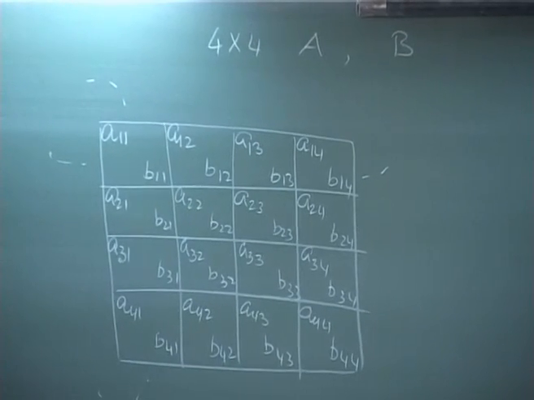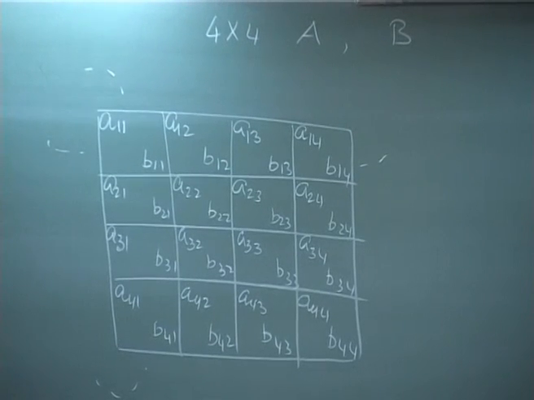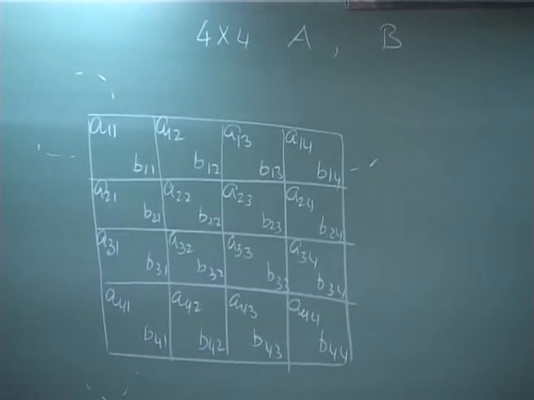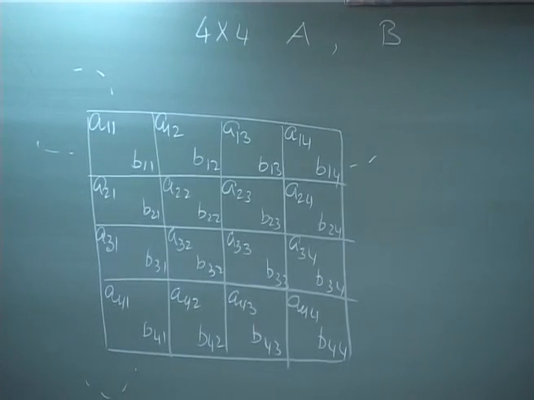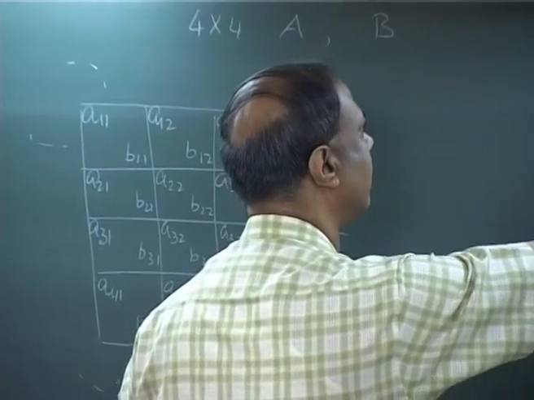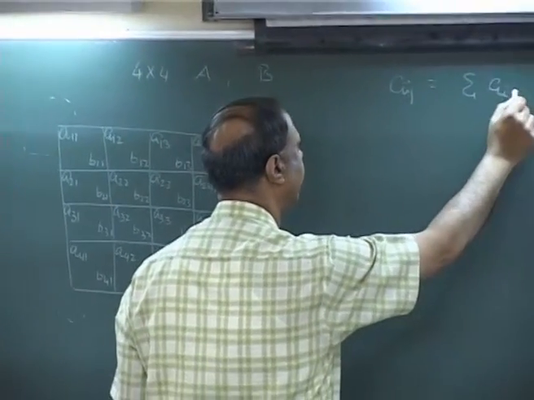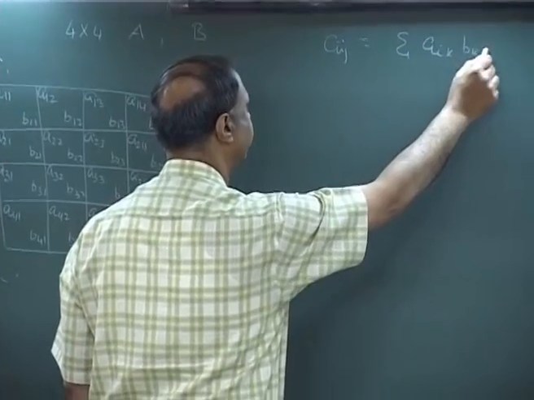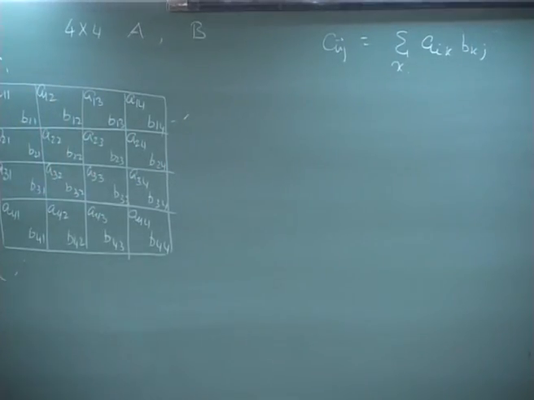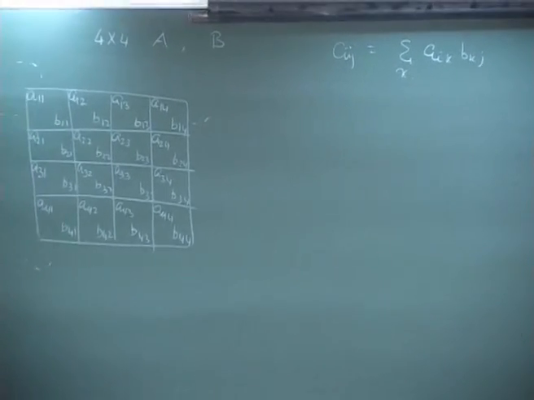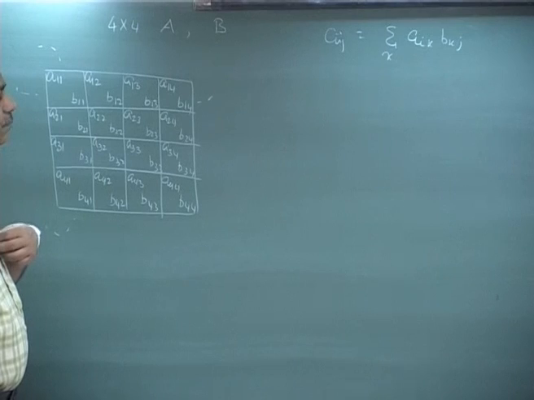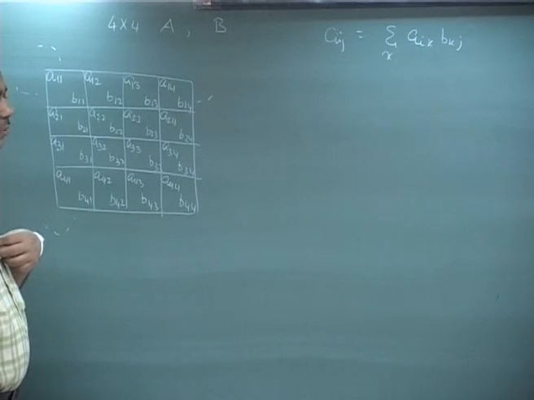Now you observe that these elements are not multipliable, because in matrix multiplication you have Cij equals the sum over k of Aik times Bkj. So two elements are multipliable if the column index of one matches the row index of the other.